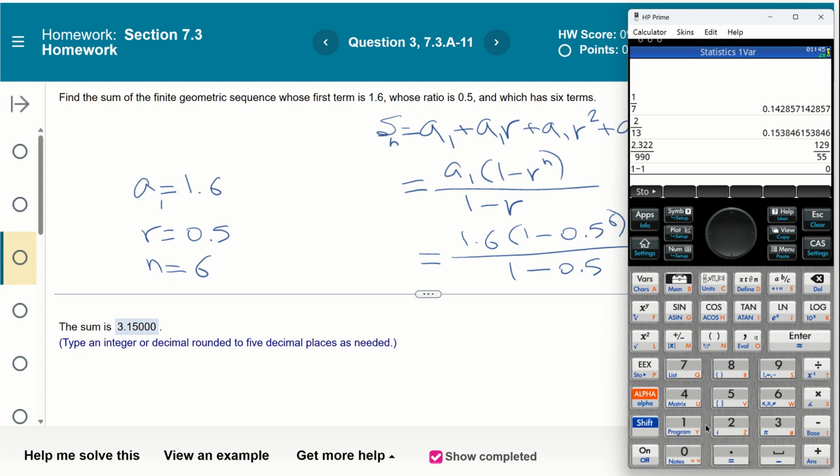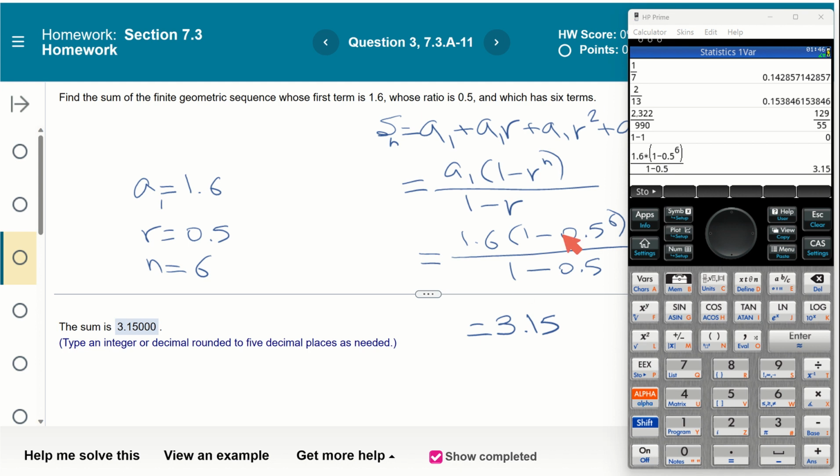Okay, so I'm going to use parentheses for my numerator, 1.6, and then another parentheses to show my 1 minus 0.5 to the power of 6. Now I'm going to exit the numerator, so hit the right arrow key twice, and now we're going to put over 1 minus 0.5, and we hit enter. Okay, and that's where we get our results. So 3.15.